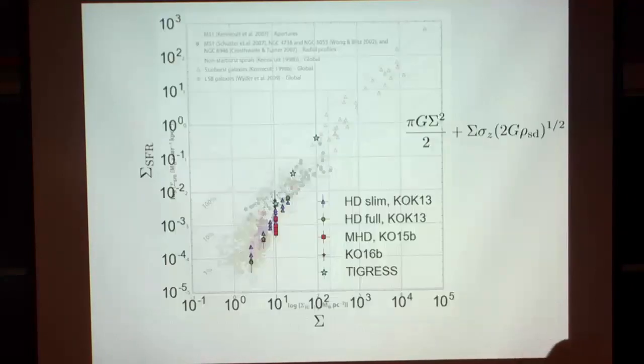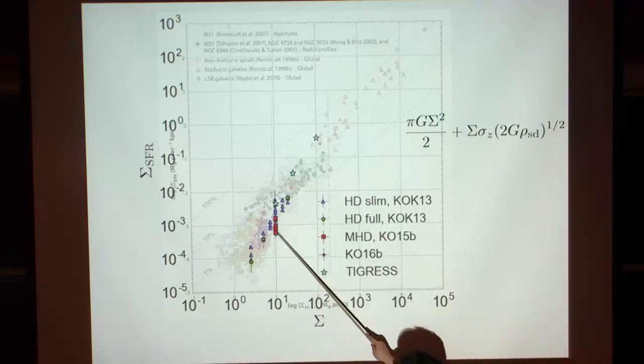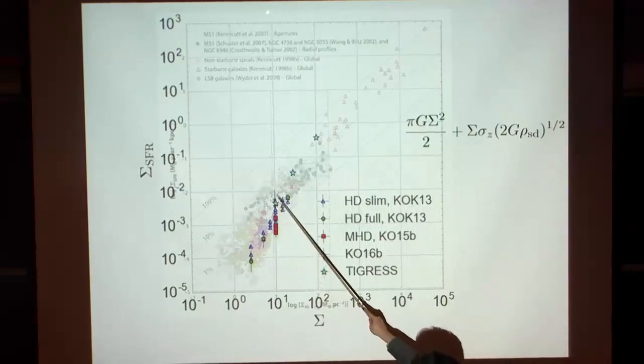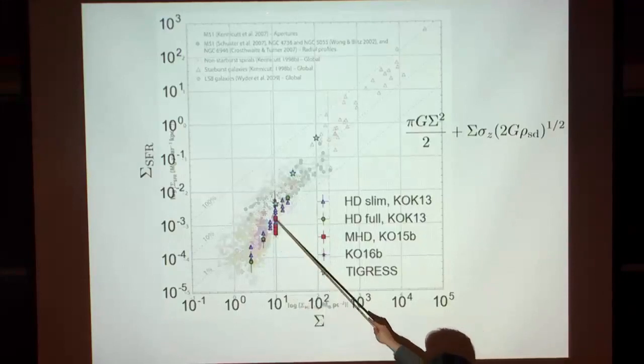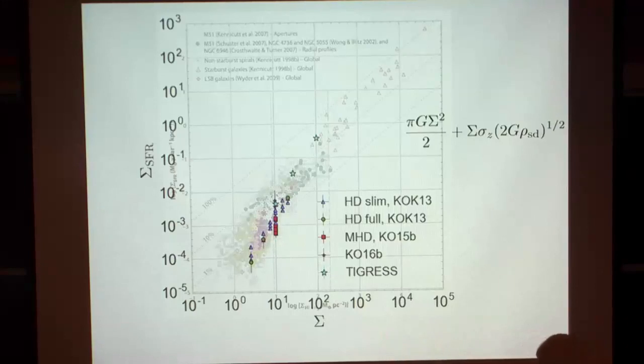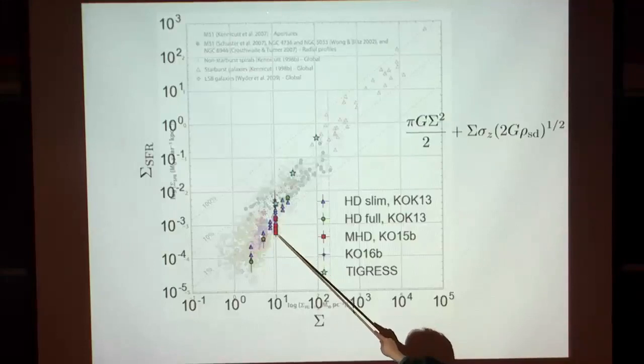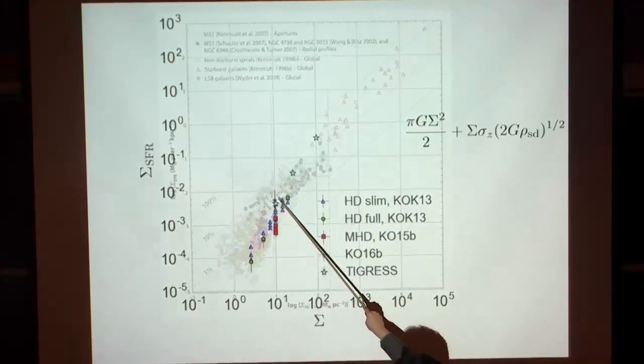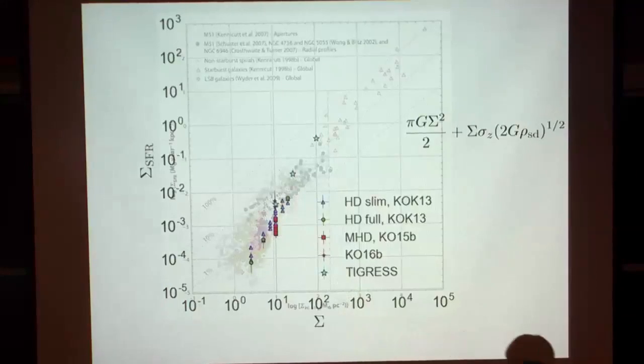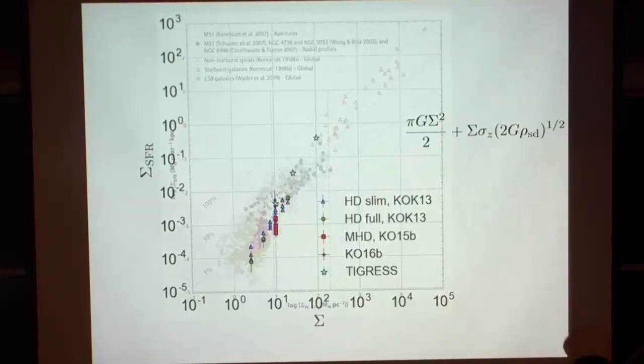And if I just plot the usual Kennicutt-Schmidt relation, that also agrees quite well. We can see large scatter at a given surface density because there are lots of dots, as we mainly changed other parameters from the solar neighborhood condition. You see it can be very low for a very strongly magnetized case, and it can be high when your gravitational potential or this low SD term is high.